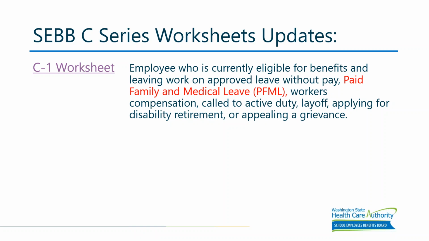Now, why is that? So this is for an employee who is currently eligible for benefits and they're leaving work on an approved leave. So remember, paid family and medical leave, that's the one through the state, through the Employment Security Department, ESD.